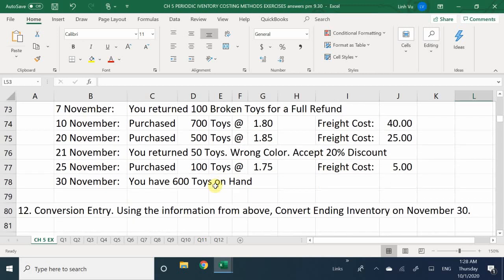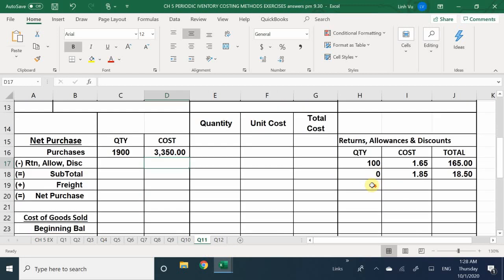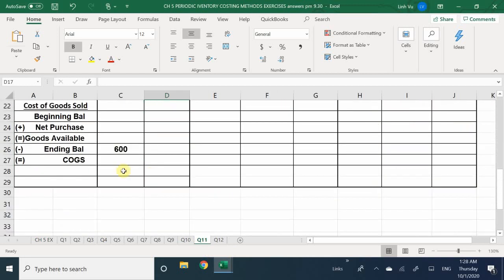So we only encountered 2 things that happen for my returns and allowances. So here I'm going to total up or tally up my total here.